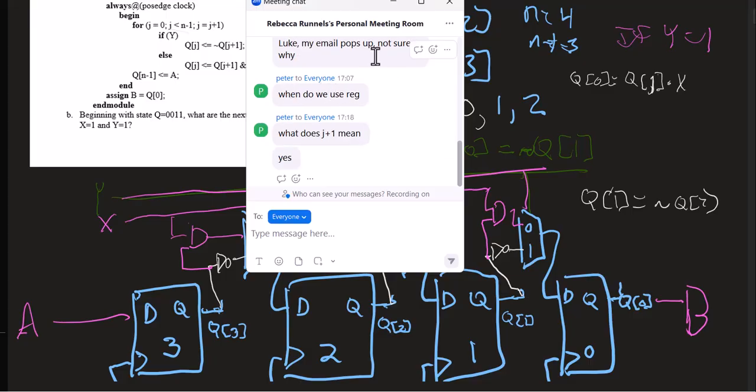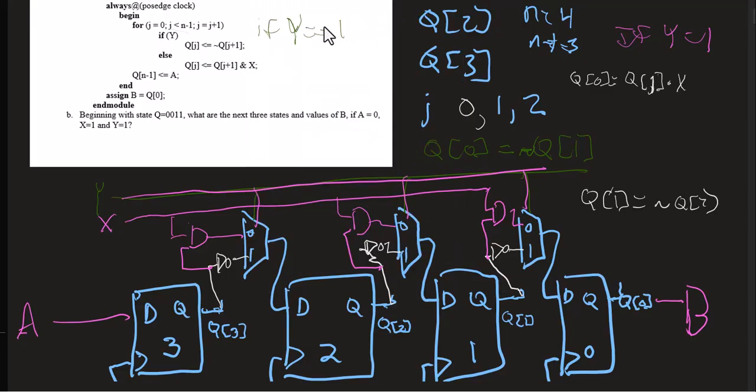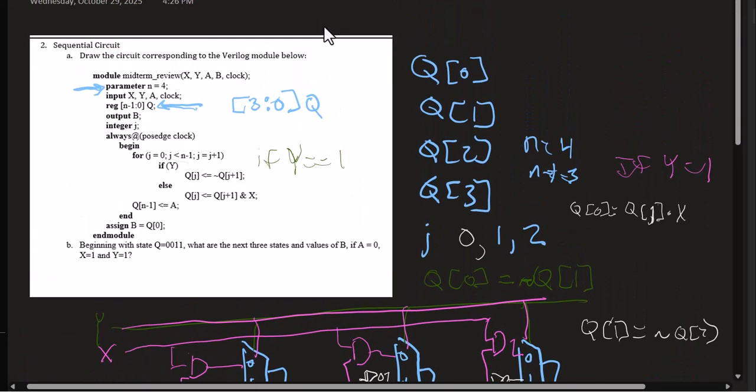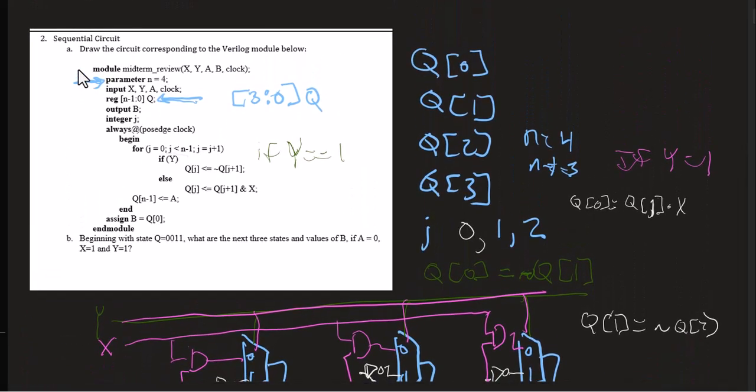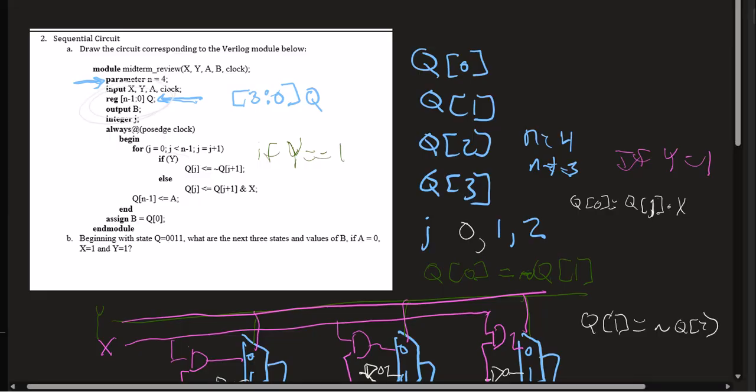And when do we use reg? You use reg whenever you are assigning a value within an always block. If you look at this code, Q J, we're giving it a value in an always block, so Q is defined as a reg.